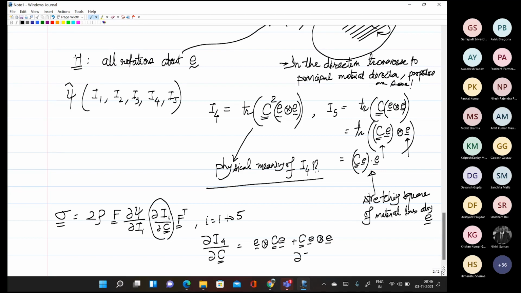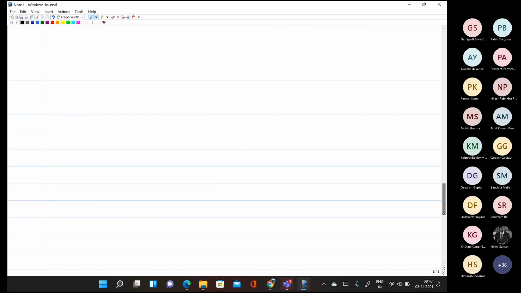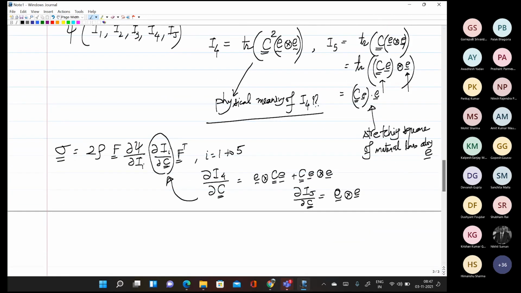Whereas for the fifth one, del I5 by del C, that will turn out to be very simple, E tensor product E. And once you have this, you can put it in this formula and find out the formula for Cauchy stress in terms of these derivatives. Okay, and that again, I'm not doing it, but it might come in the exam. So I'll just make that remark here.